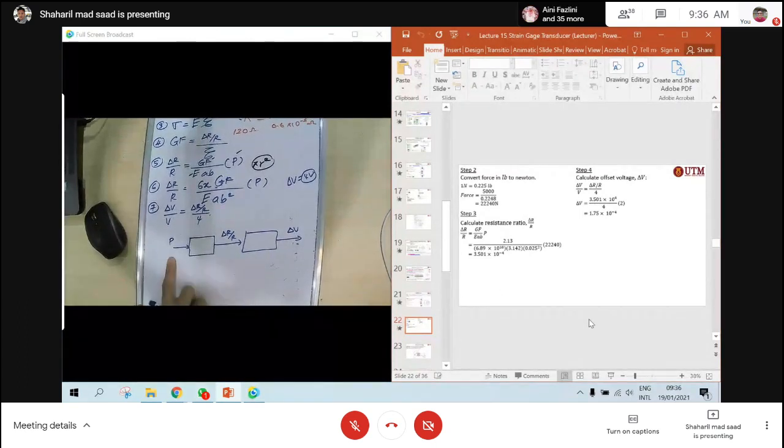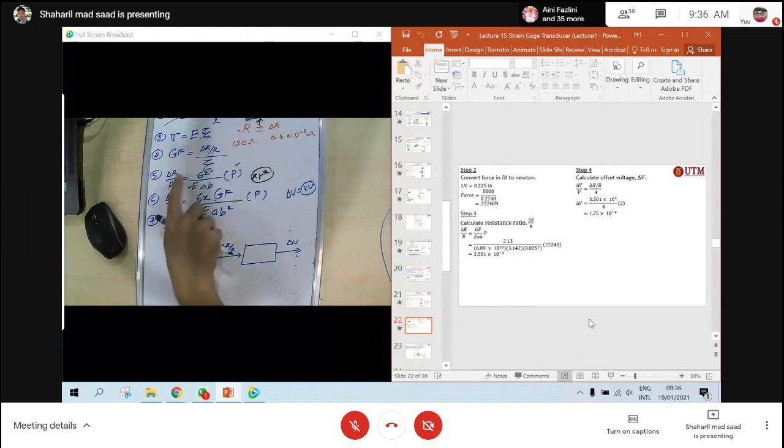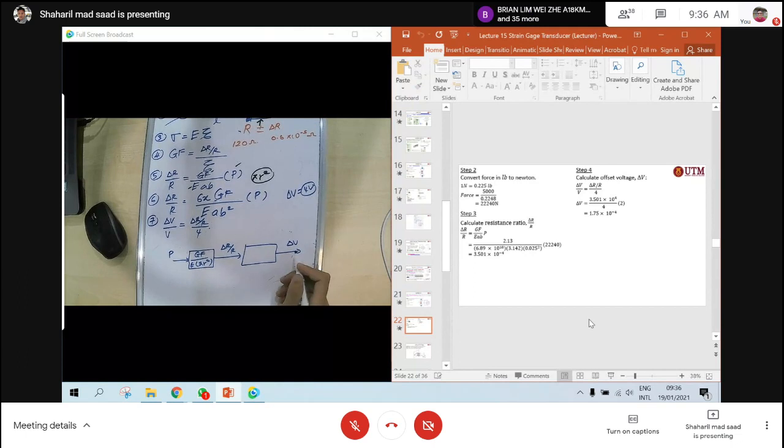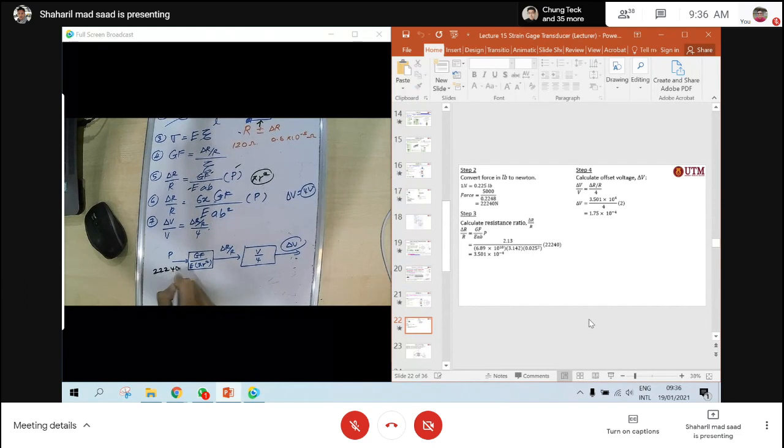P gives you delta R over R, so formula number 5, GF over E pi R squared in this case for the rod. And this will give you V over 4, so you need to multiply with delta R over R, then you can get delta V. So the input is 240 Newton.